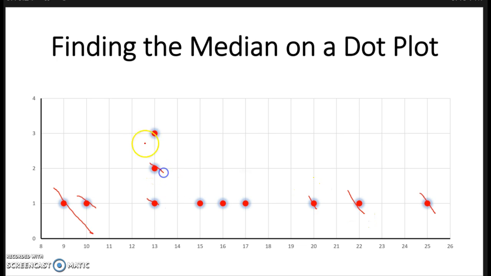Don't forget to go up though. 1, 2, because all of these are 13s. 1, 2, and again, I would be left with 15. On the dot plot, it's important to remember that there would be 3 13s. So it would have been 9, 10, 13, 13, 13, and it's important that we cross those off before moving on to the 15.